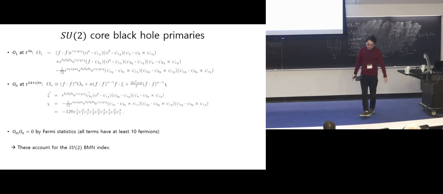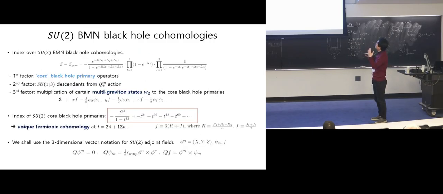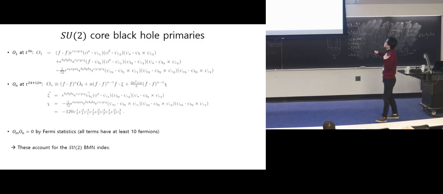Then you can construct the operators which will explain this full tower of the fortuitous index. Basically, you multiply trace F squared on top of our threshold operator and make it Q-closed or something like that.